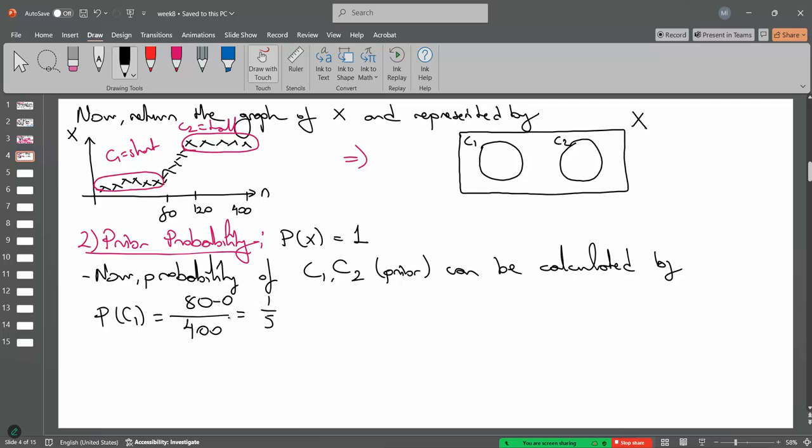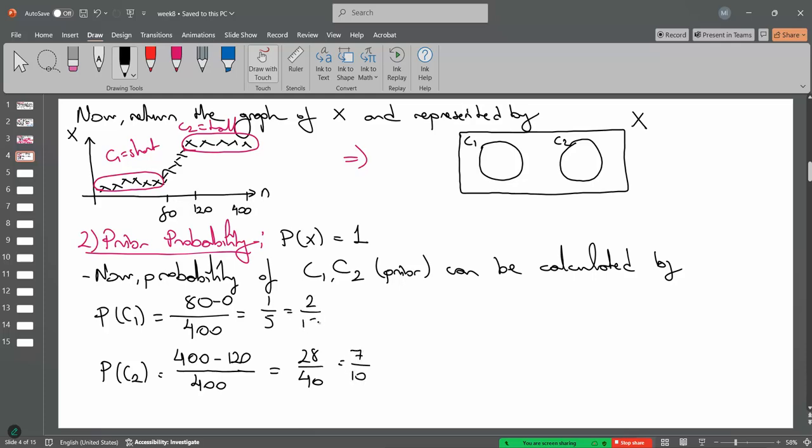And also P(C2) is assigned with what? We have 400 data in total, and we subtract 120 from the 400 data, so this is 280 out of 400, which means 7 divided by 10.